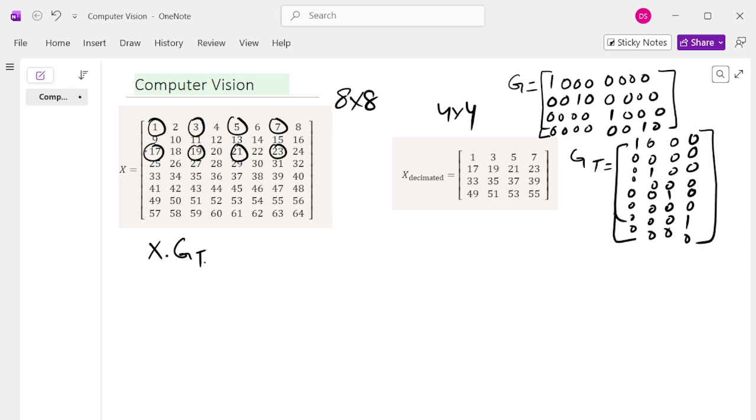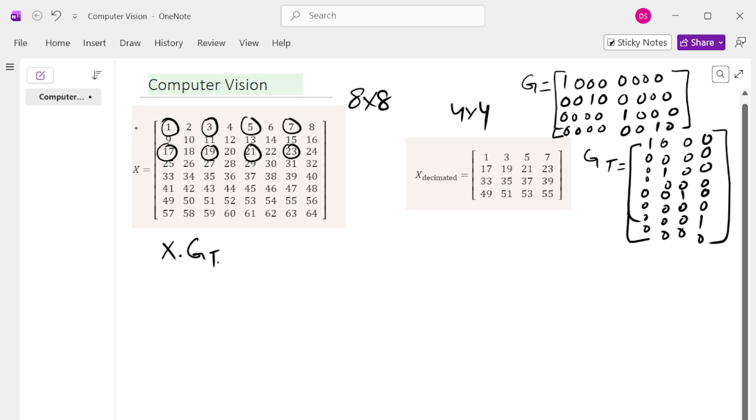Now if you multiply, or do the matrix operation with respect to the row and then the first column, this would be generating you 1 here, and then first row second column, so this would be giving you 3, and this would be followed by first row third column, so this would be 5 and 7.